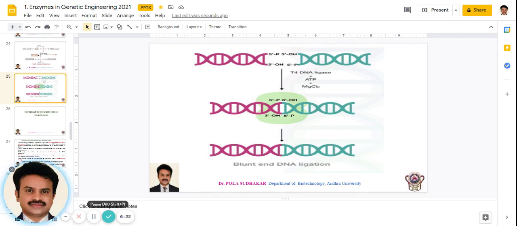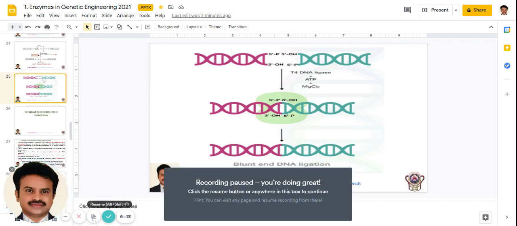However, blunt end ligation is a useful way of joining together DNA fragments which have not been produced by the same restriction enzyme and which therefore have mismatched sticky ends. These ends are removed prior to ligation using the enzyme S1 nuclease, which digests single-stranded DNA.